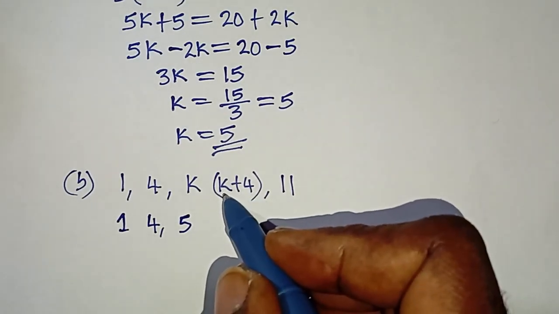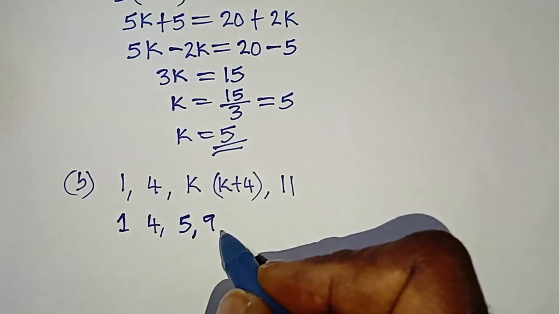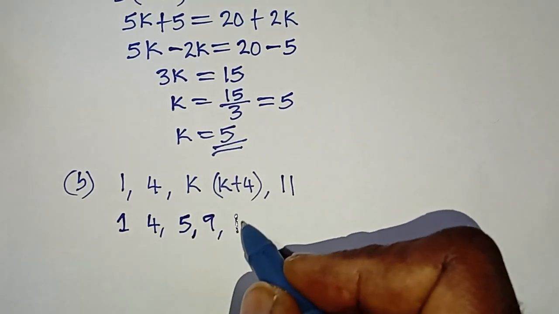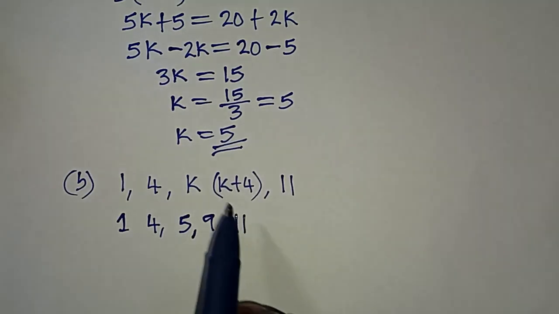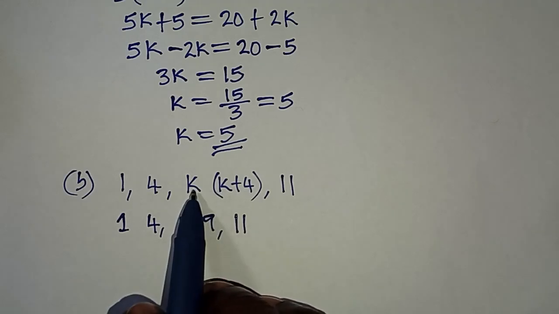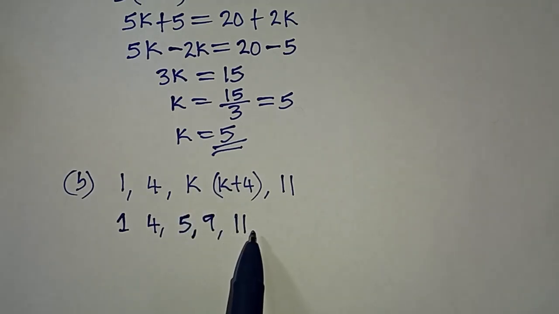So k is 5, and 5 plus 4 is 9. So the next one is 9, and then the last number is 11. So these are the 5 numbers now, after we have substituted the value of k in these two parts to get the numbers there.